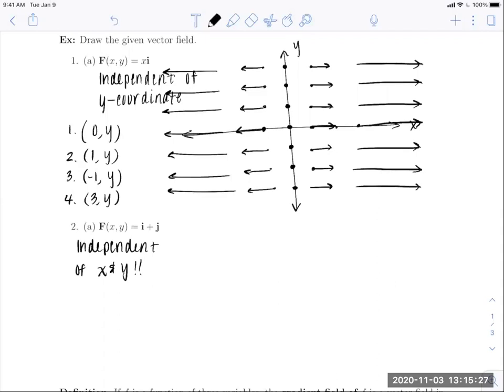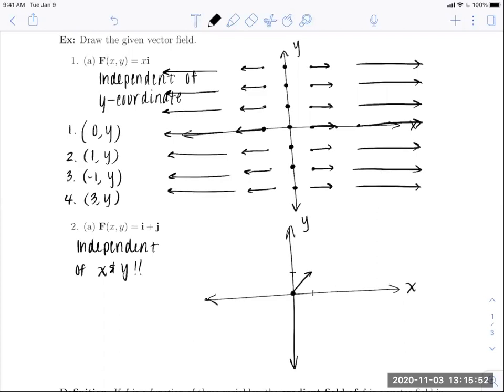So what does this vector field look like? All right, so here's my x and y axis. At any point in the world, I'm going over 1 on the x axis and up 1 on the y axis. And here is my i hat plus j hat vector.